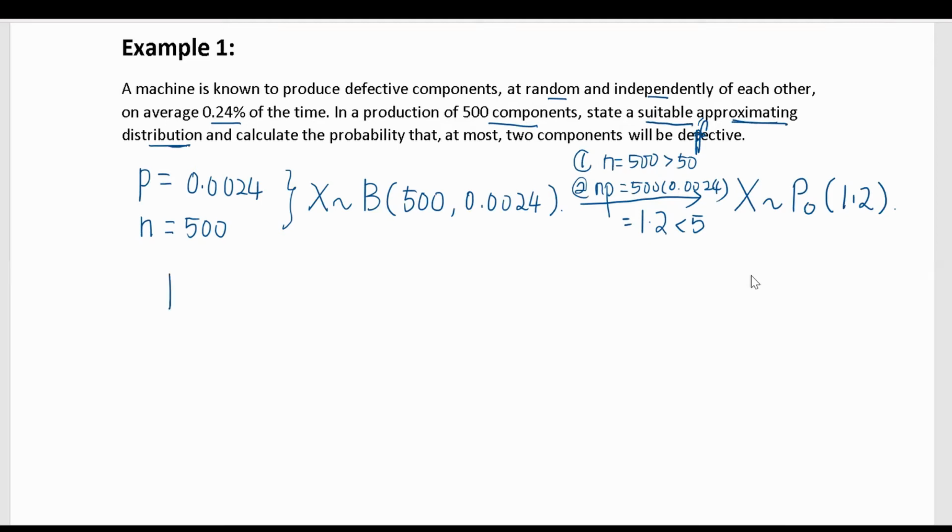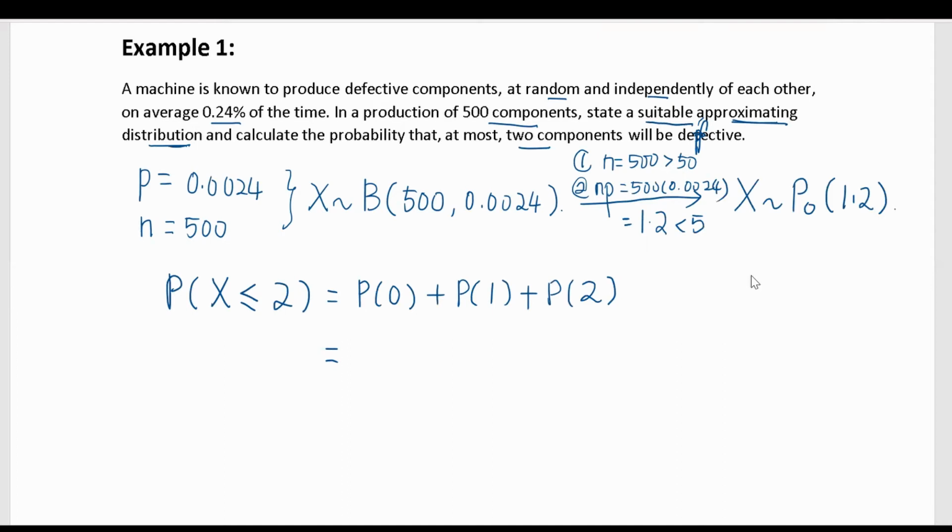Now we are trying to find the probability that the number of defective components is at most 2. At most 2 means less than or equal to 2. So we have to consider either no defective item, or 1, or a maximum of 2.